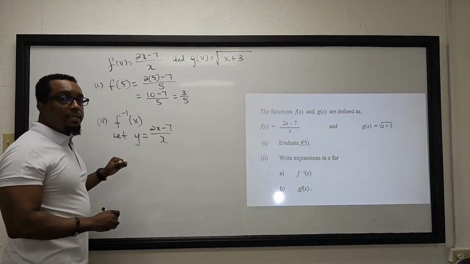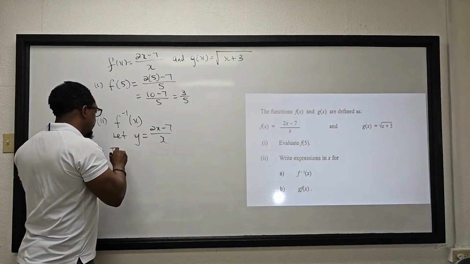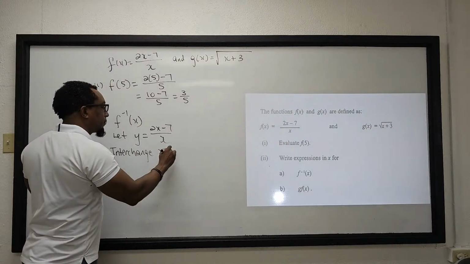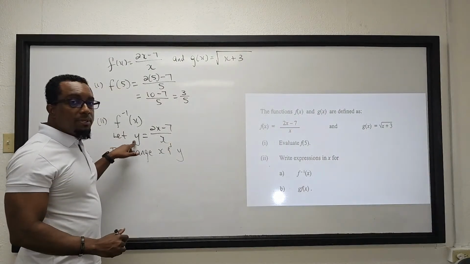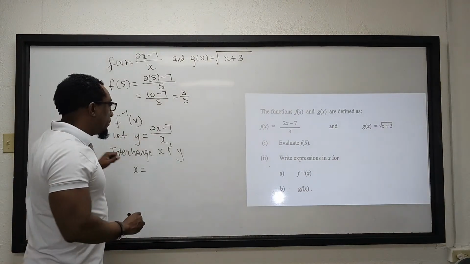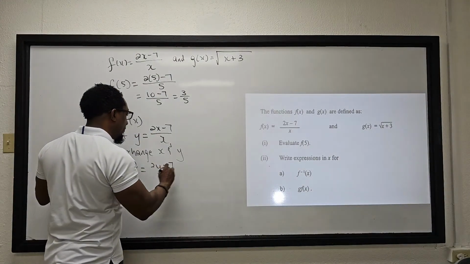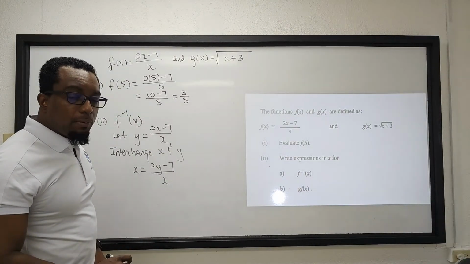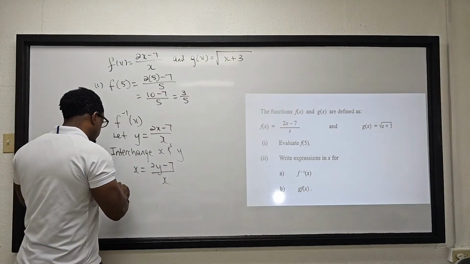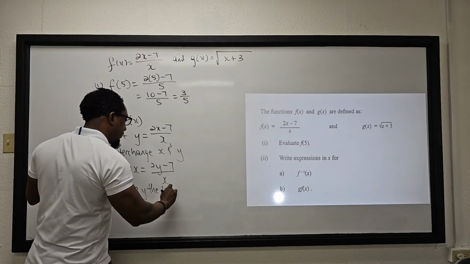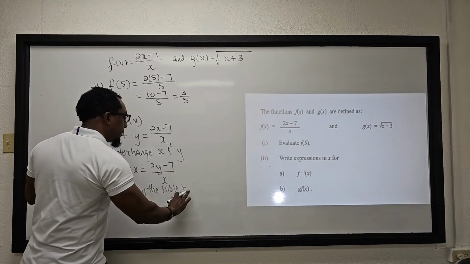Then I'm going to what? Interchange x and y. So where I see y, I'm going to put x. Where I see x, I'm going to put y. And then the final step is to make y the subject of the formula.